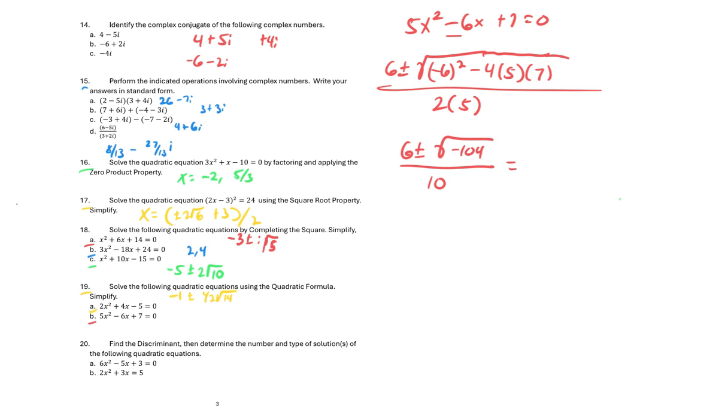Upon further simplification, we can get 6 plus or minus 2i root 26 over 10. And then if we put that in a plus bi form, we'll get 3/5 plus or minus root 26 over 5 i.